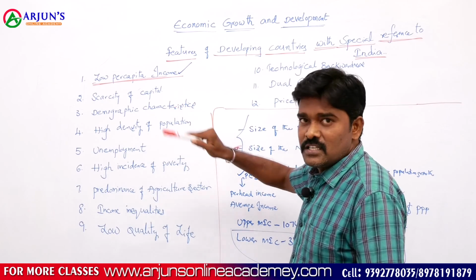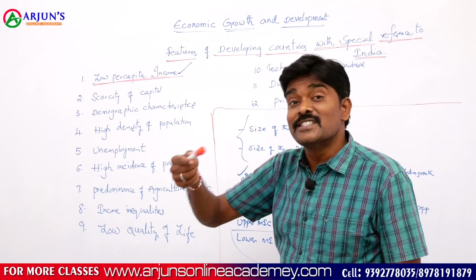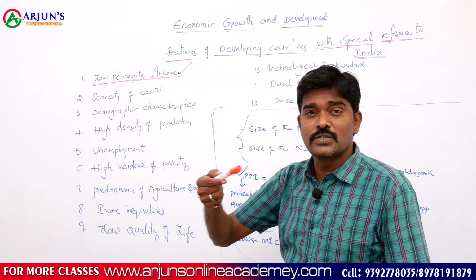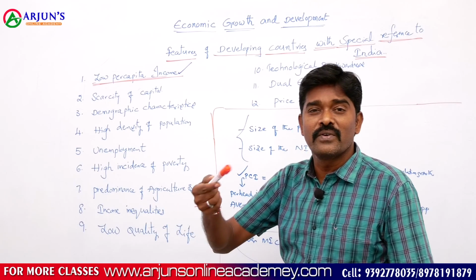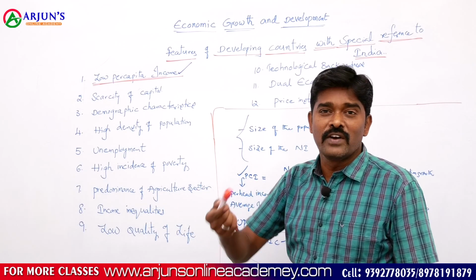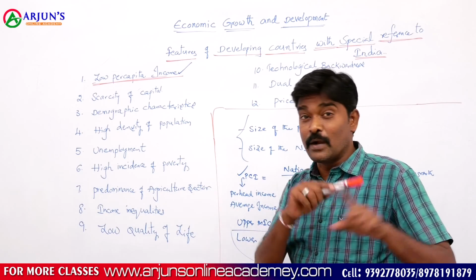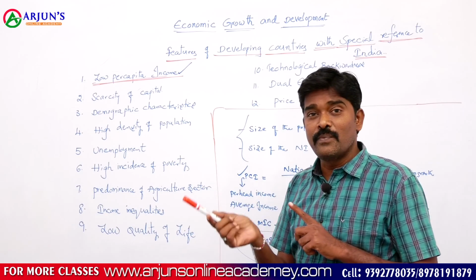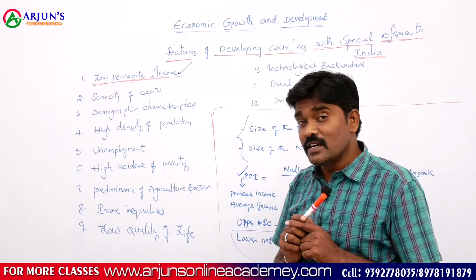Demographic features, high population, put pressure on natural resources and lead to unemployment. We are unable to provide employment to each and every one. The growth rate of population is very high when compared to developed countries.